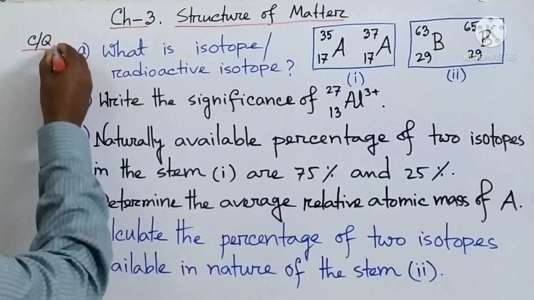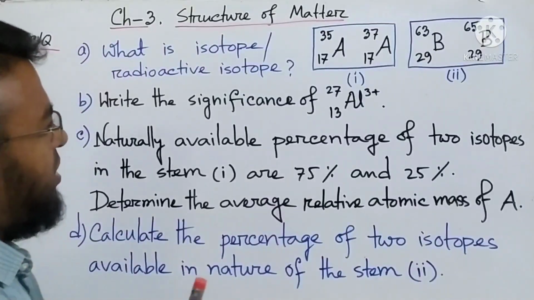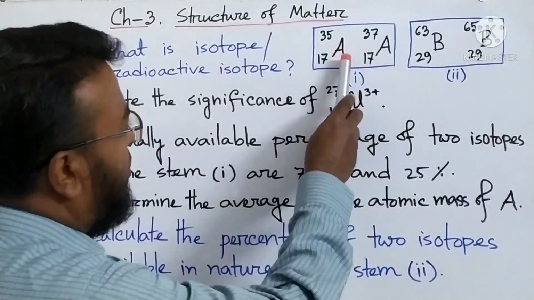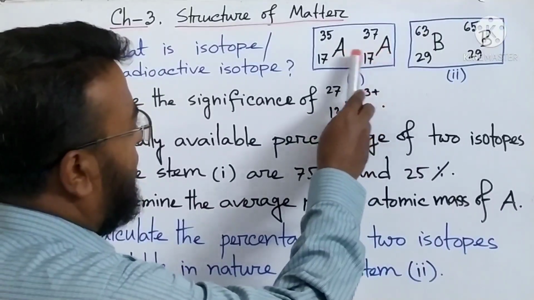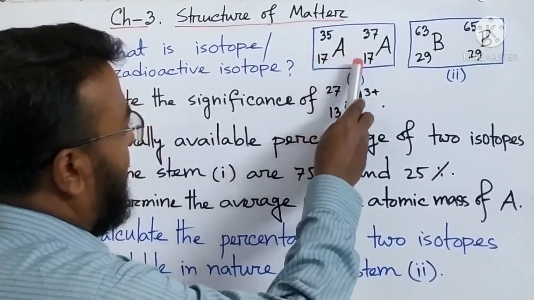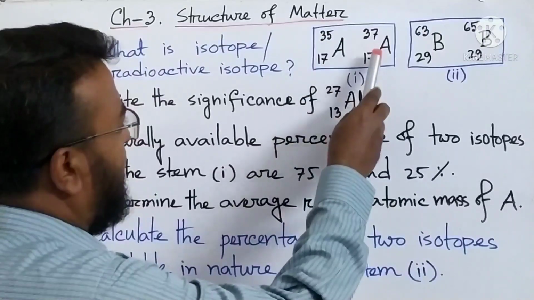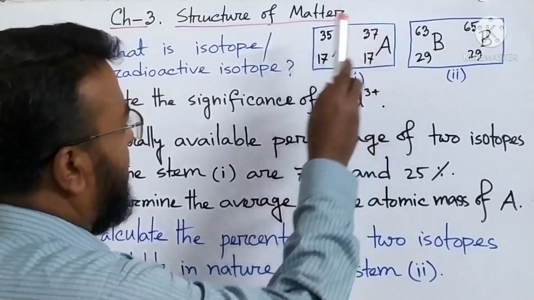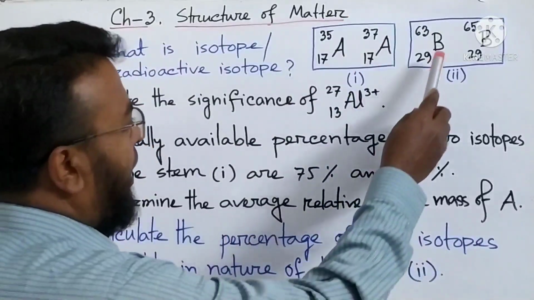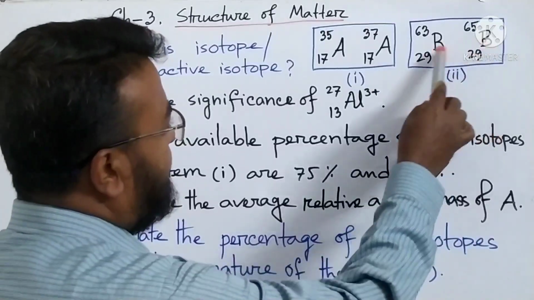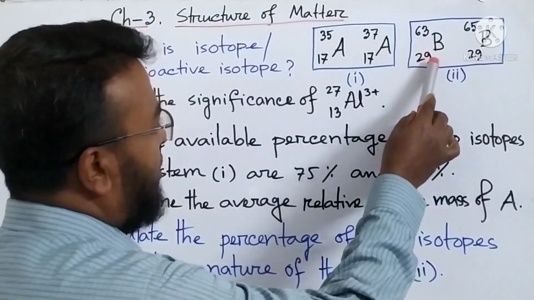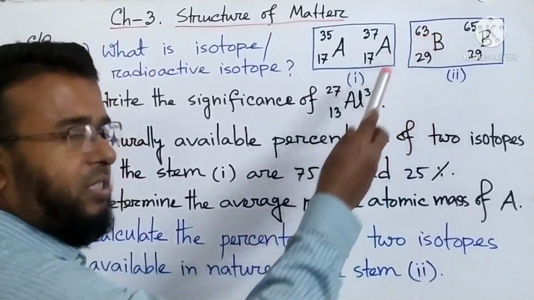This is a creative question, and here I have written two stems. One is A, the atomic number is 17, mass number is 35. Here the atomic number is 17, mass number is 37. And B, atomic number is 29, mass number is 63.